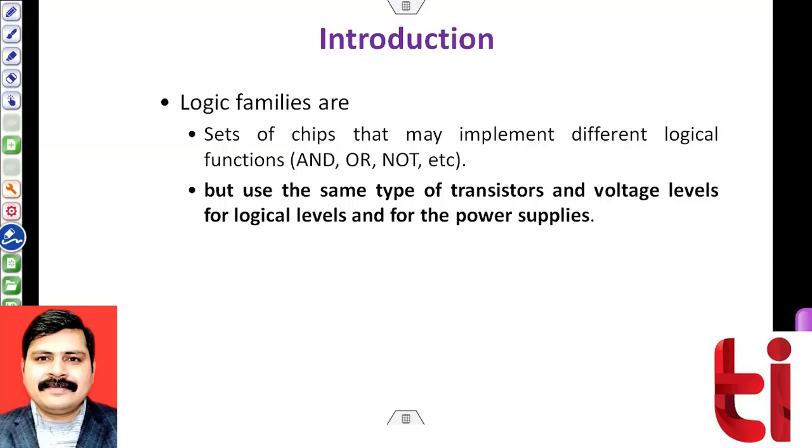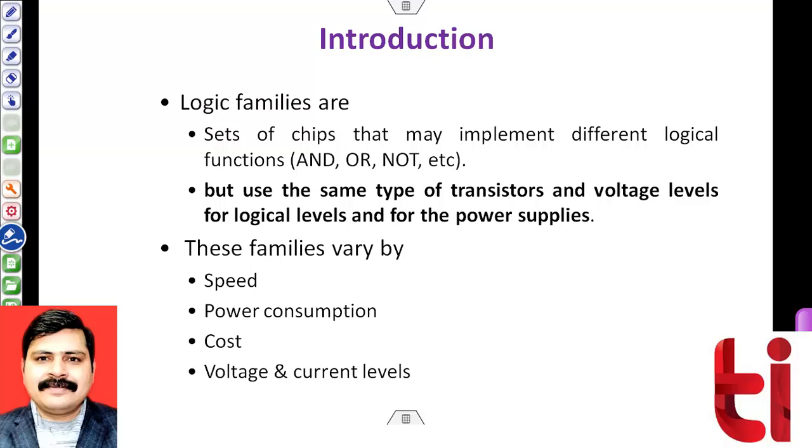There are some standard methodologies, which are known as logic families, that include some transistors and have some voltage levels for logic levels. There are two logic levels, logic 0 and logic 1. So there is a specific range defined for every logic family for logic 0 and logic 1 and for their power supplies.